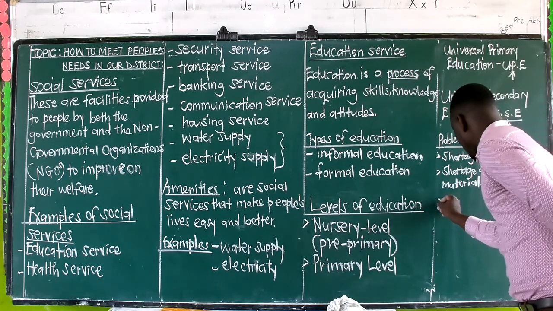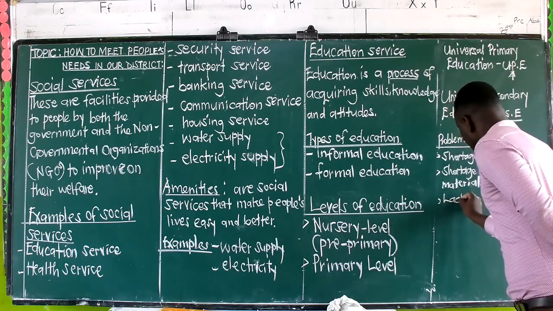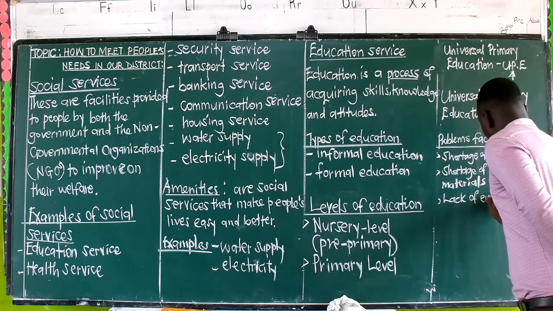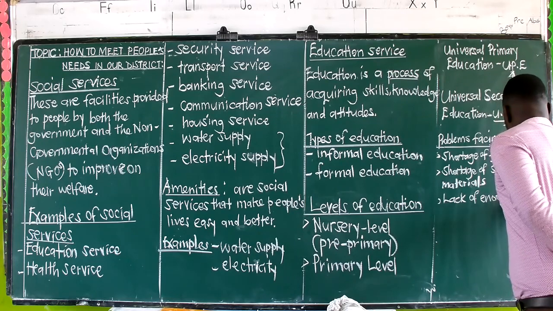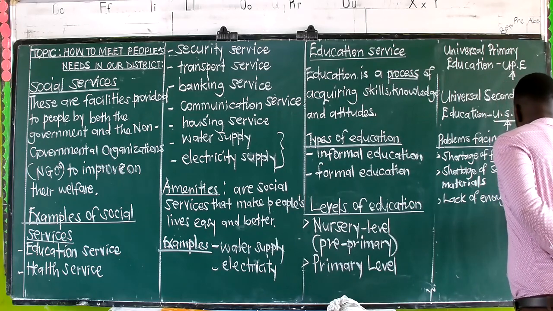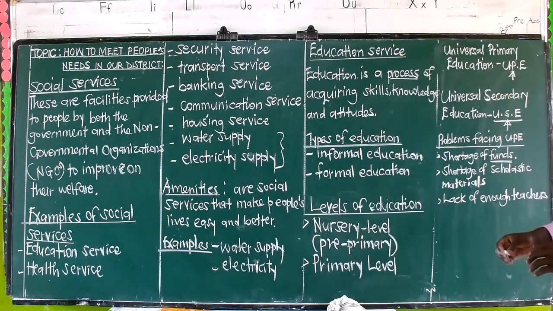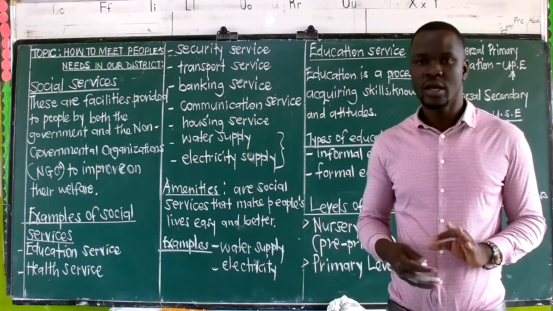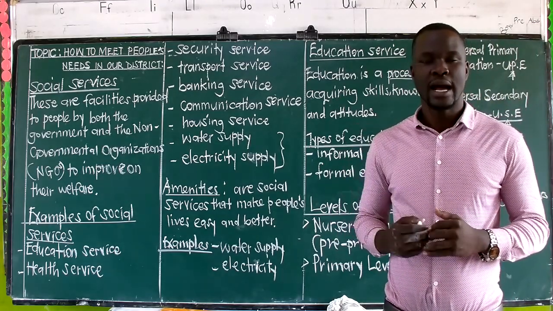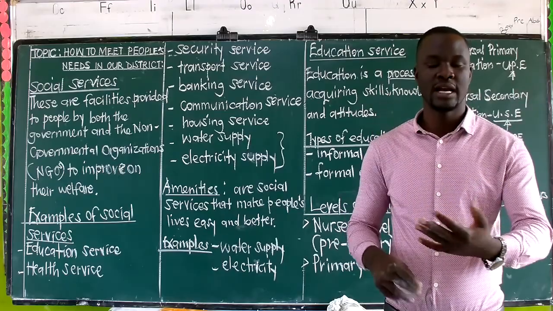Then we have lack of enough teachers in those UPE schools. You'll find for us in FAINAP, we have a lot of teachers, but sometimes in the government school, you'll find a whole school with one teacher teaching from primary 1 up to P7.